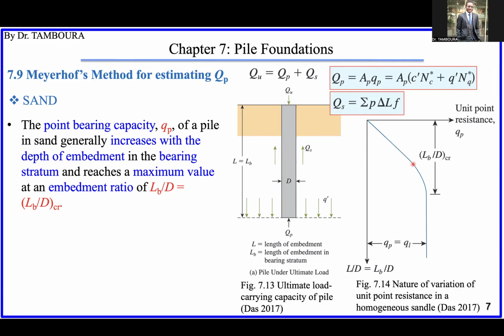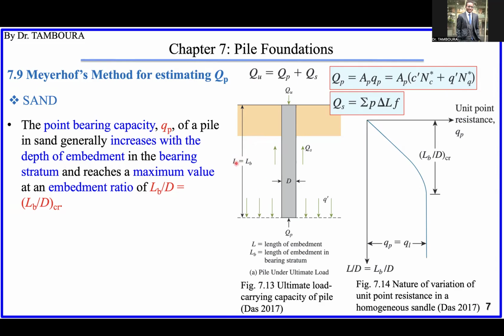It increases up to here, then it becomes almost constant. At this depth, you can see these steps, is what we will call the critical embedment ratio.